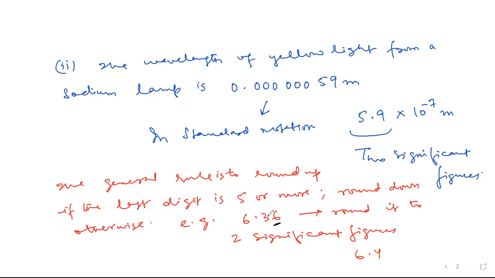That means I have to add 1 to 3, so I write it 6.4 because the number which I want to drop is more than 5. So when the number to be dropped is 5 or more, you round up. That means you add 1 to the preceding digit. So 6.36 rounded to two significant figures is 6.4.